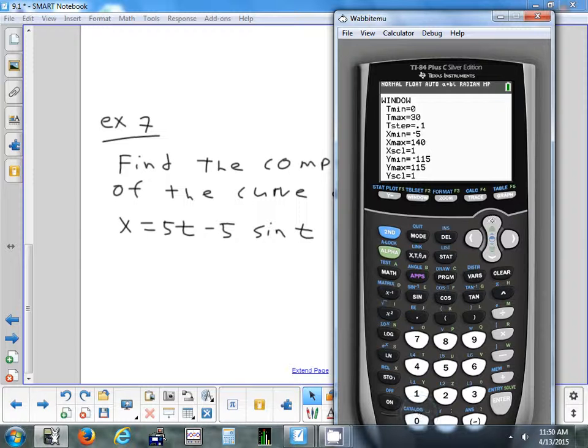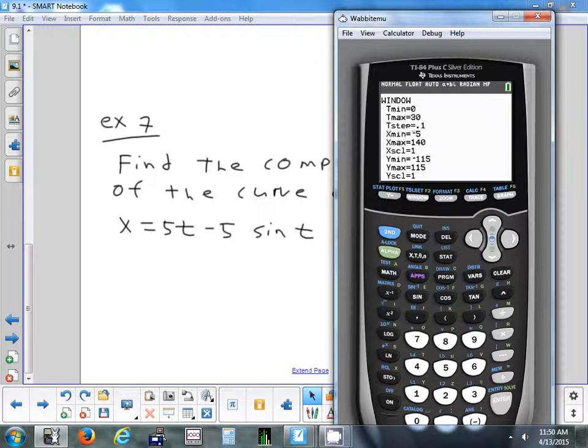Okay, x min. Well, it's never going to go, is it going to go? Nope, it can't go negative. Let's see, well, if t was 0, you'd have 0 take away 5 times the sine of 0. Well, the sine of 0 is 1.